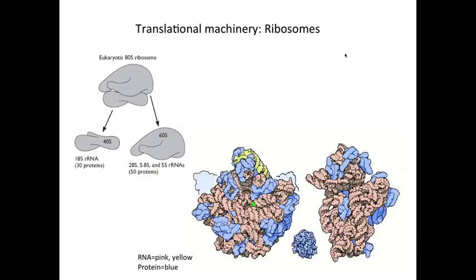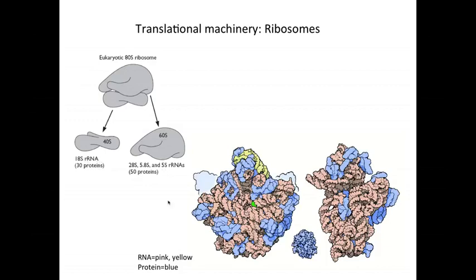Translational machinery consists of ribosomes. These are large protein RNA assemblies, of course. The eukaryotic ribosome is shown here. They consist of 40S and 60S subunits. Each is made up of ribosomal RNA, one or more, and quite a few proteins, as you can see.